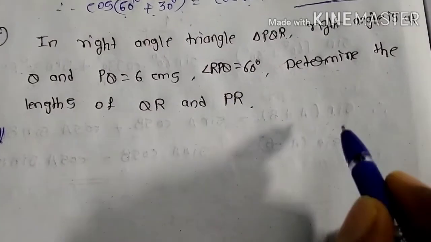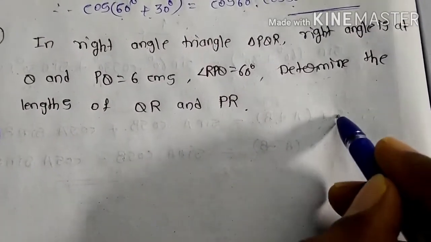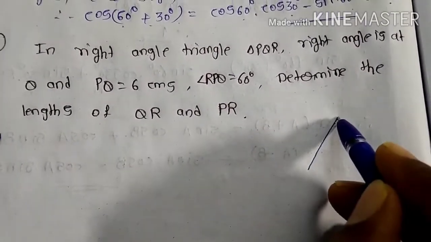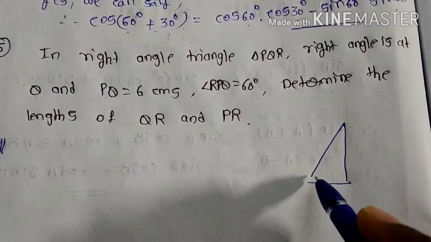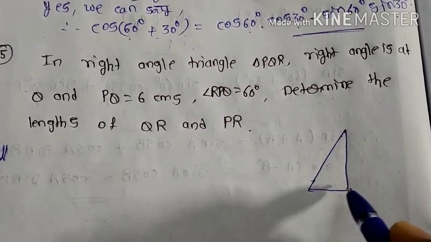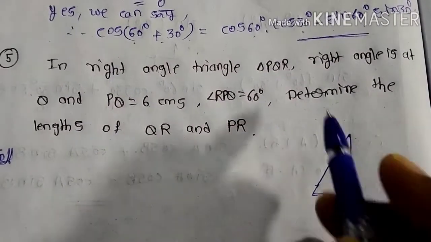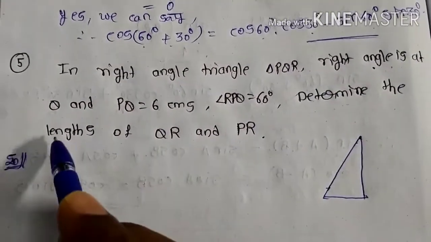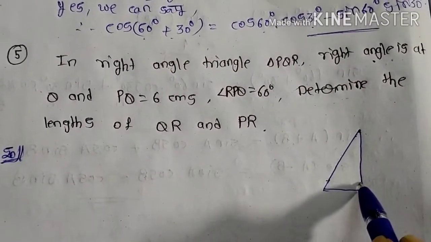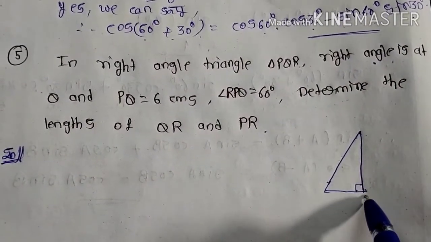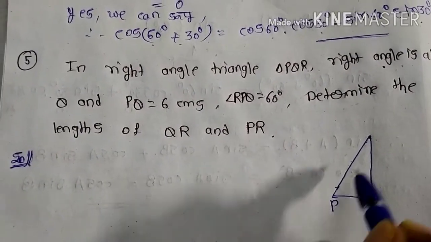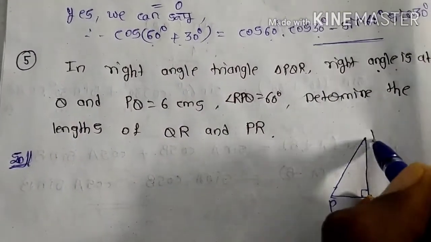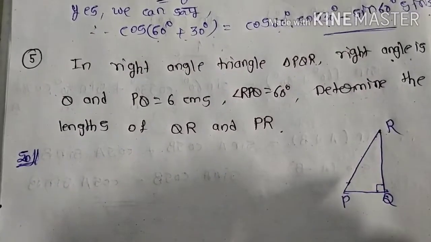First you can draw a right angle triangle. See here I am taking here a right angle triangle. See here they have mentioned right angle is at where? Q. That means this is equal to 90 degrees. You can consider here Q as vertex. You can take here PQR. PQR is a right angle triangle.